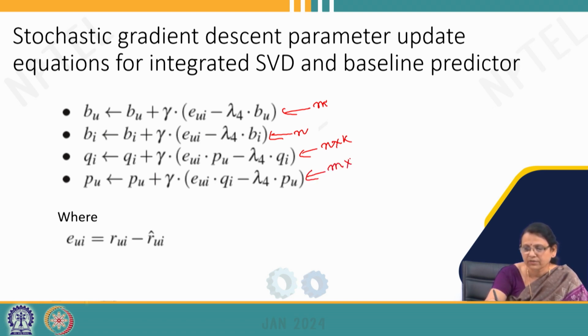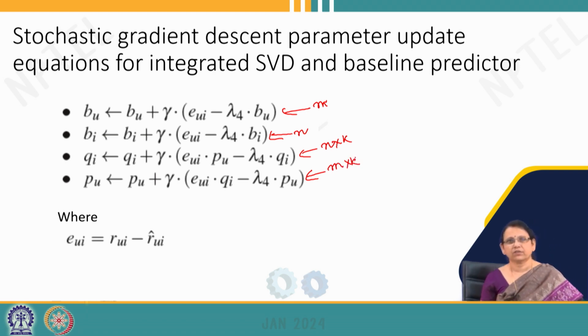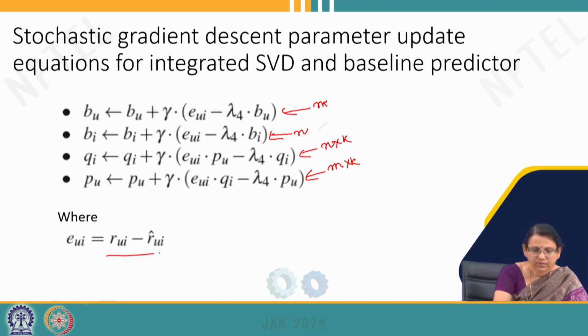M number of users into k number of features. Okay. So, in the first iteration this was the value, this was the estimated value, this difference turns out to be the error. Second iteration again you will be re-estimating this error. So, you will keep on updating.